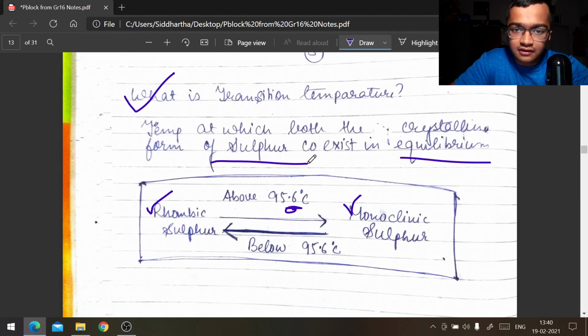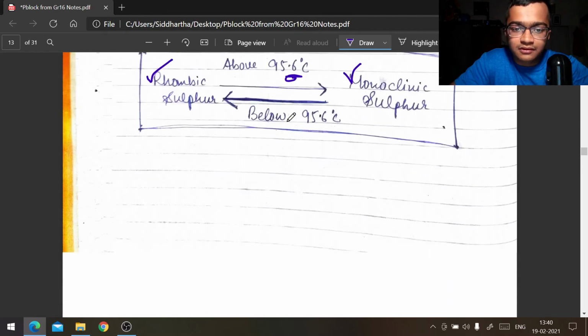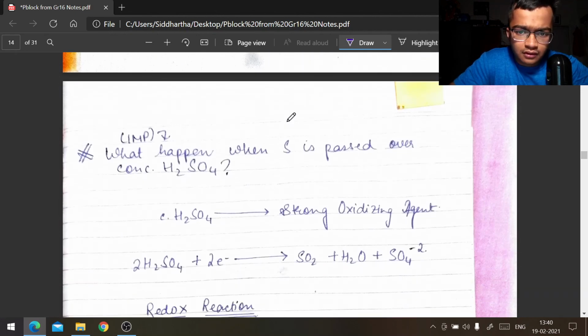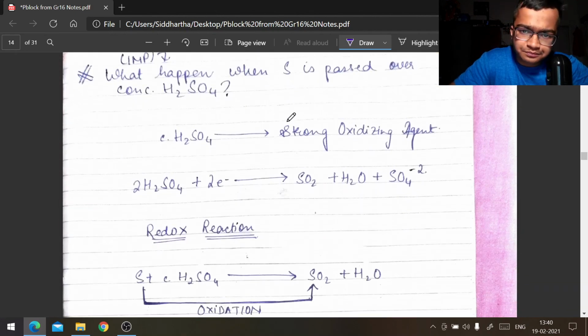This is the transition temperature. I repeat, the temperature at which both the crystalline forms of sulfur coexist in equilibrium is called the transition temperature.